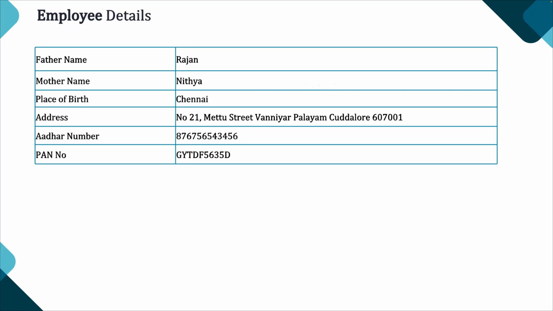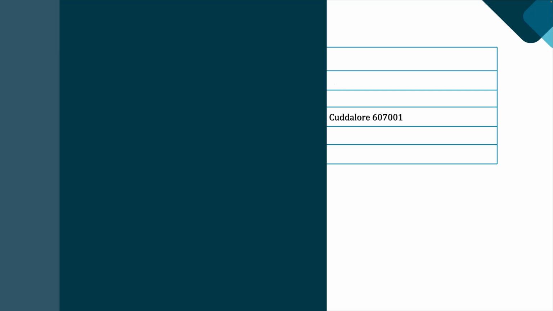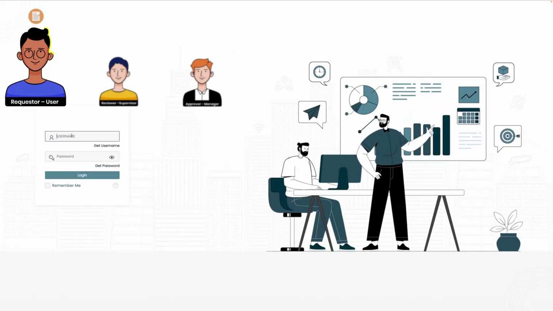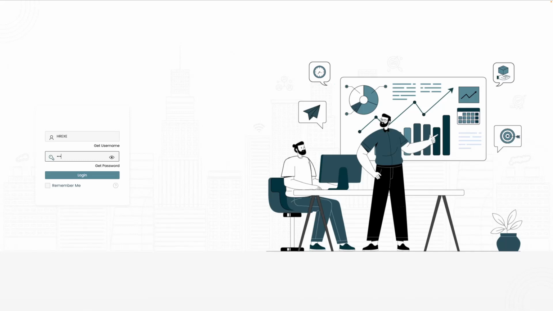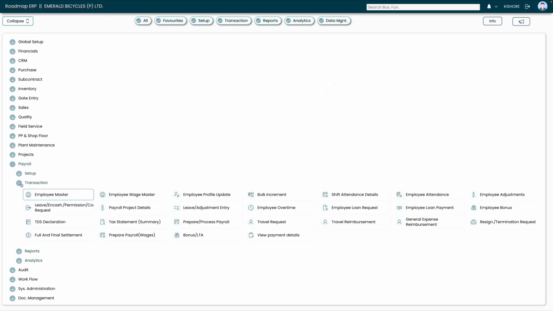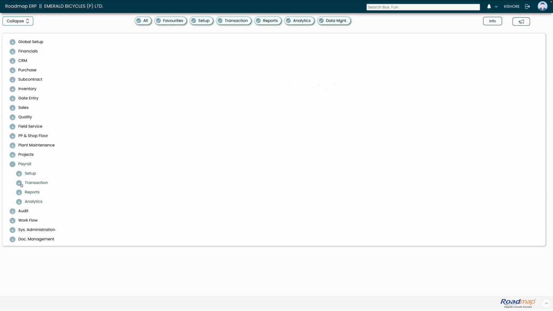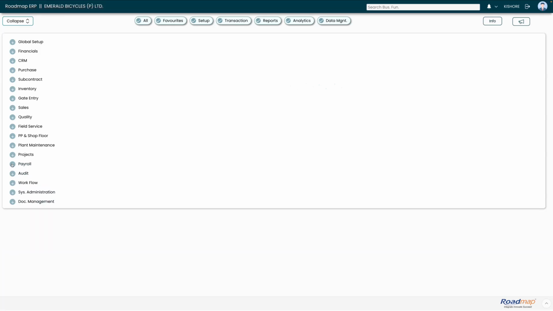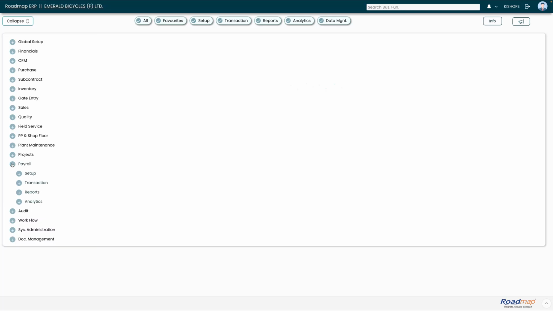So, let us log in to our ERP system, enter the user credentials, username and password. Once logged in to our ERP system, to create an employee, we have to navigate to the payroll.